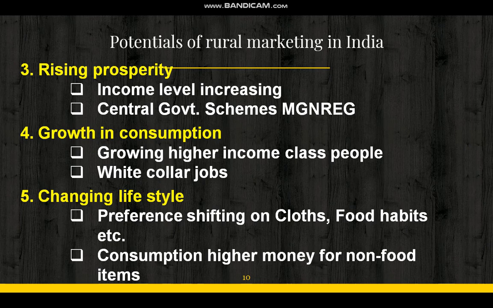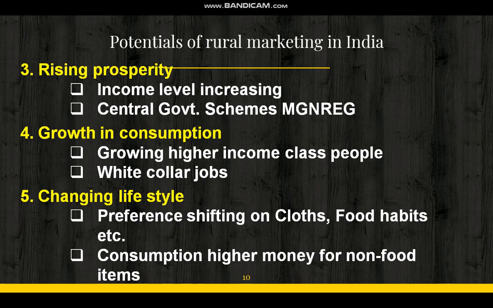The central government, in association with the state government and local government, has introduced several schemes for the development of rural areas, especially schemes like the National Rural Employment Guarantee Program, MGNREGA, which has improved the living condition of the rural people. And LIC of India sells 50% of its policies to the rural people.